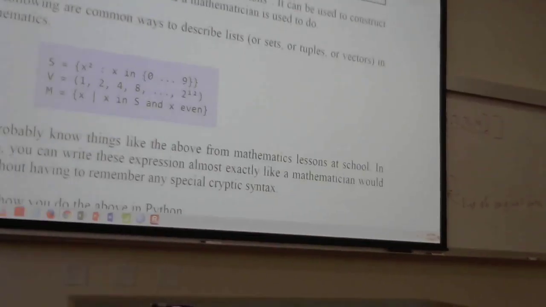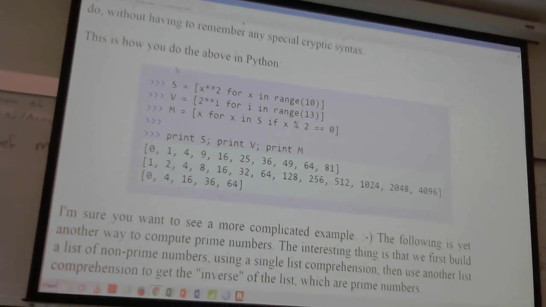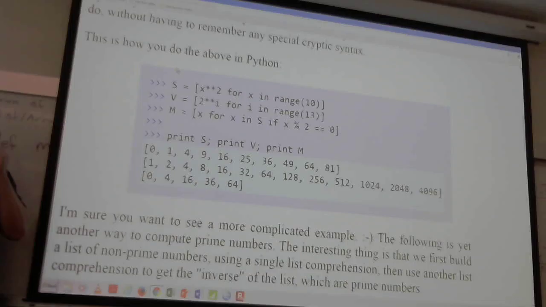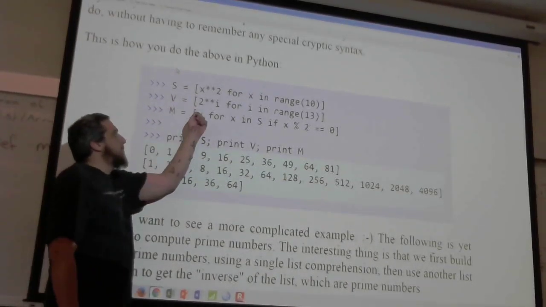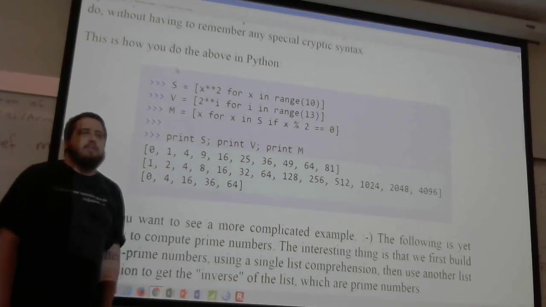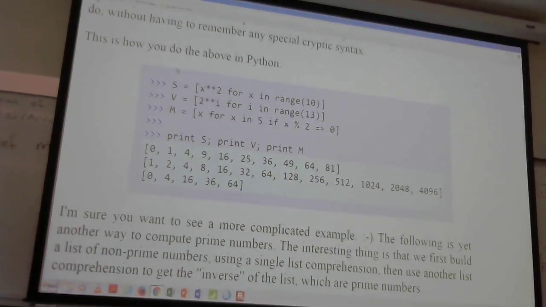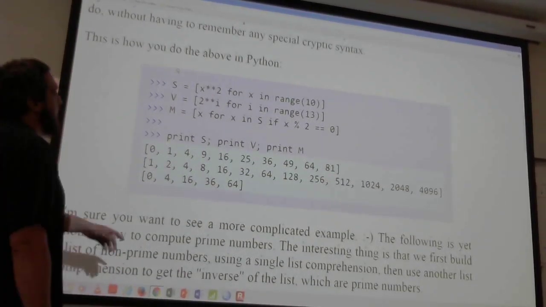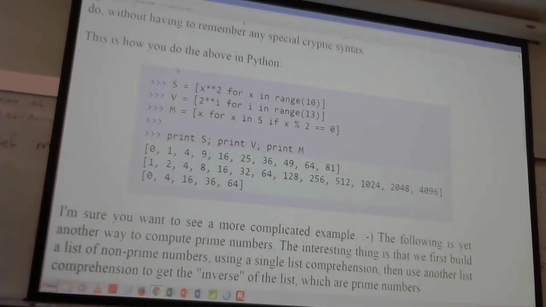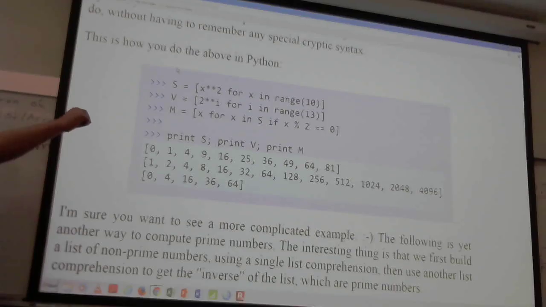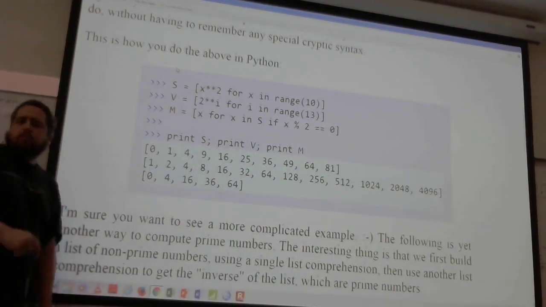Okay, well, while that sits there and figures out if it's going to refresh, over here let's take a look at some examples of Python list comprehensions. So for example, let's suppose we have S, V, and M. S is going to be the list comprehension of x star star. Star star means exponentiate instead of multiply. For x in range from 1 to 10, so for example, x in range of 10, what does range of 10 give us?